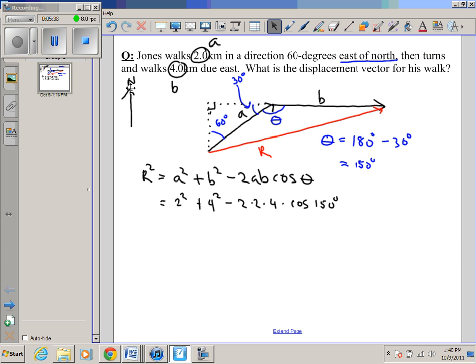Plug in my numbers, and I see that r squared is about 33.85. Take the square root, and we see that r, the resultant, has a magnitude of about 5.8 kilometers. So there's our resultant.